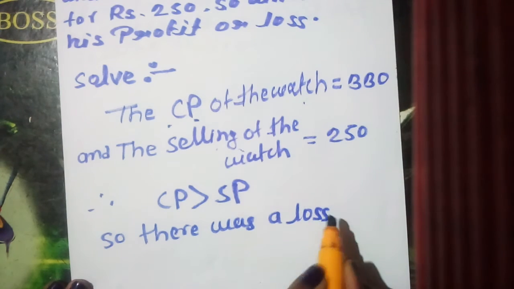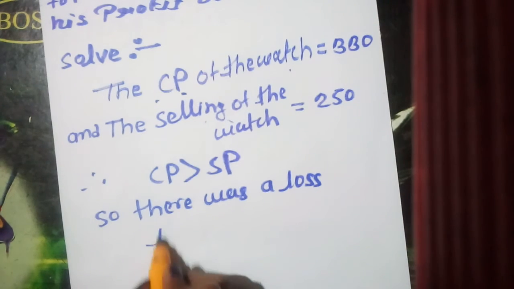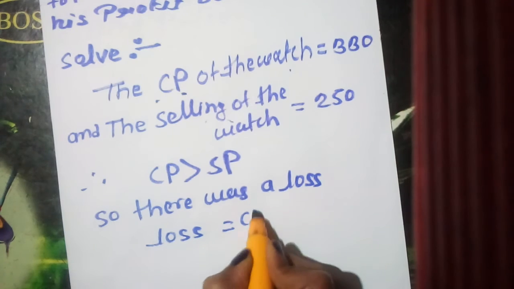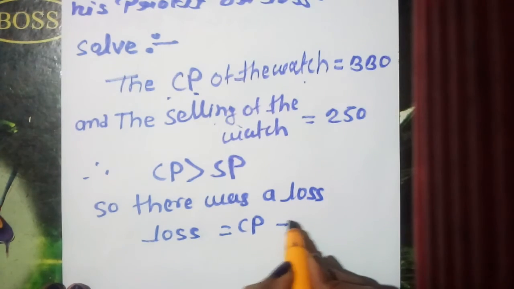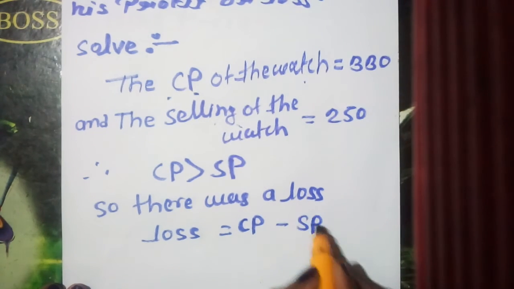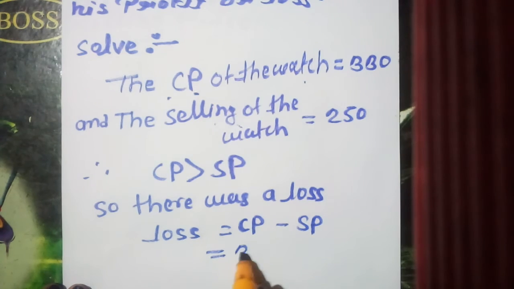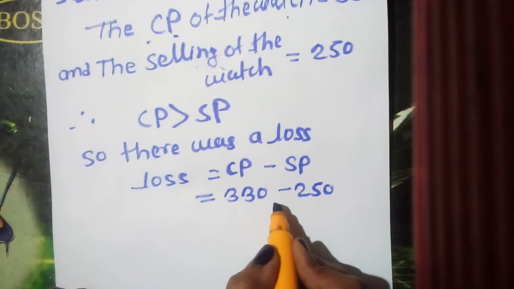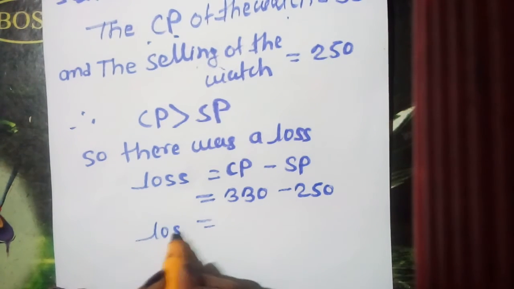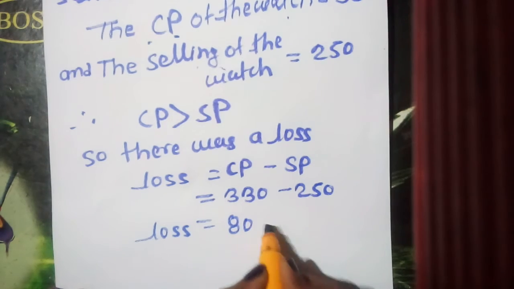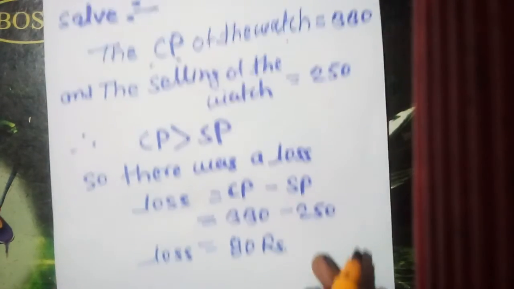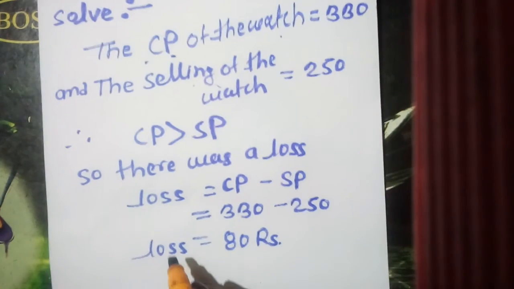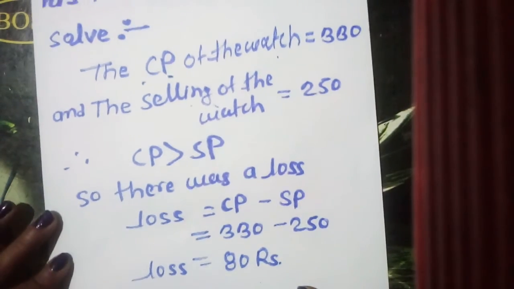Loss is CP minus SP, 330 minus 250. So the loss is 80 rupees. Next question.